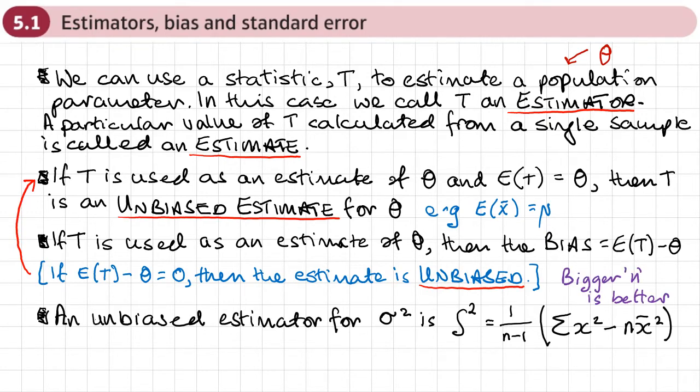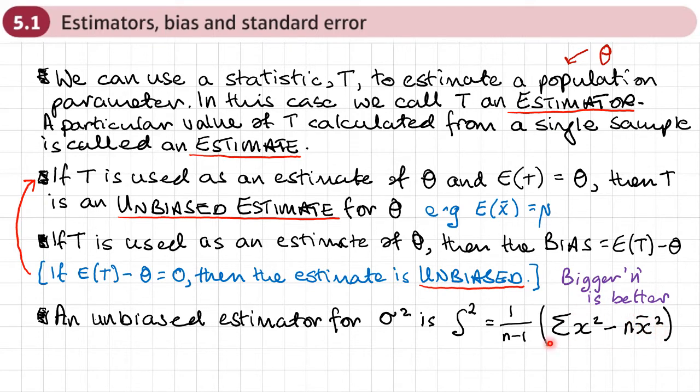Next, we're going to look at ways of estimating the population variance, and an unbiased estimator for the population variance is the sample variance, which is equal to 1 over n minus 1, where n is the sample size, times the sum of x squared minus n times our sample mean squared.